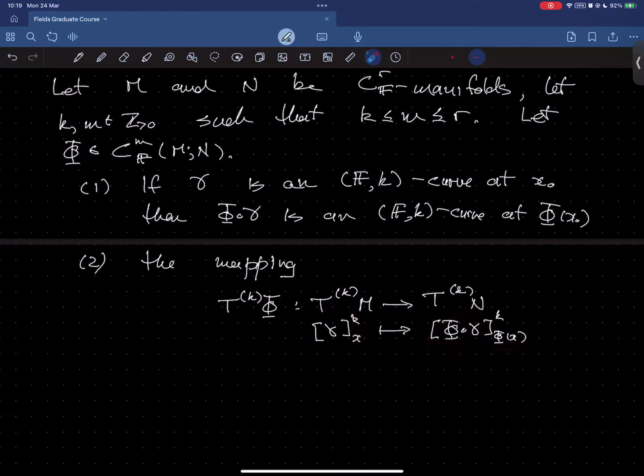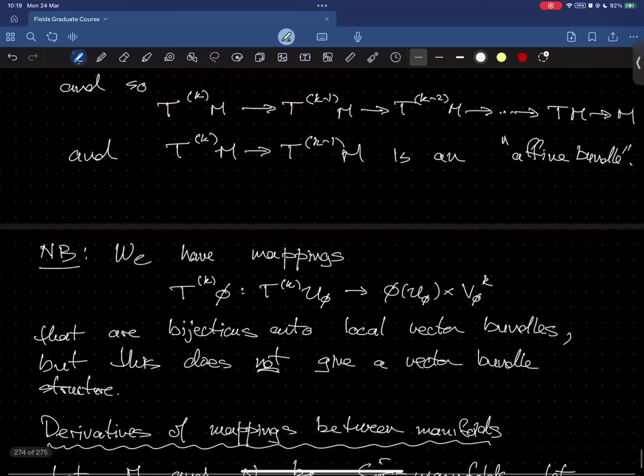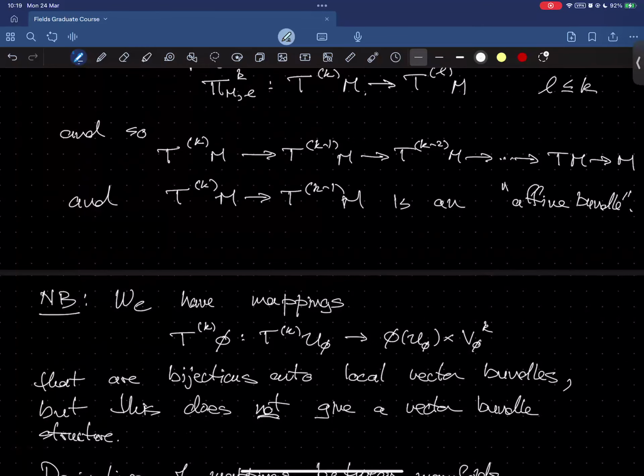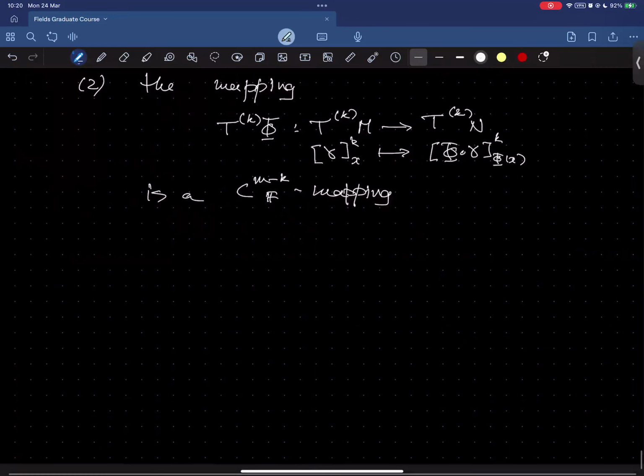Okay, so this mapping, moreover, is of class C^(M minus K). And it has structure with respect to the affine bundle structure that I talked about before, but I won't talk about that here.